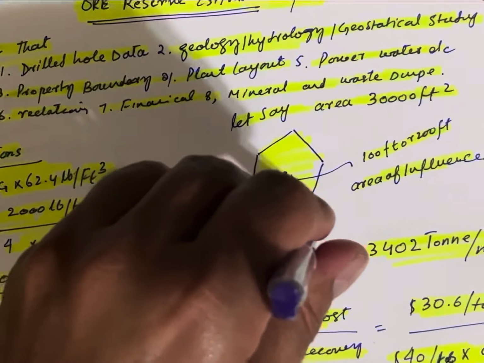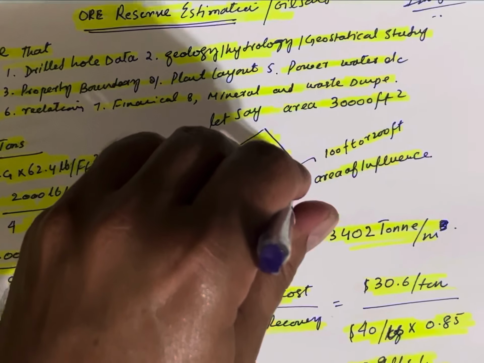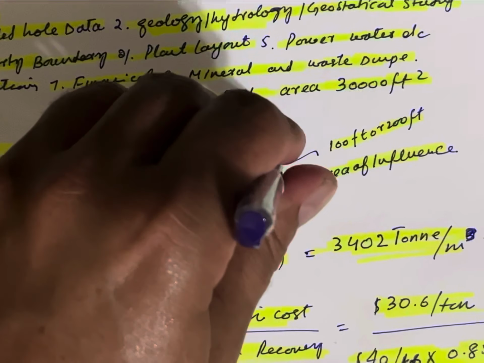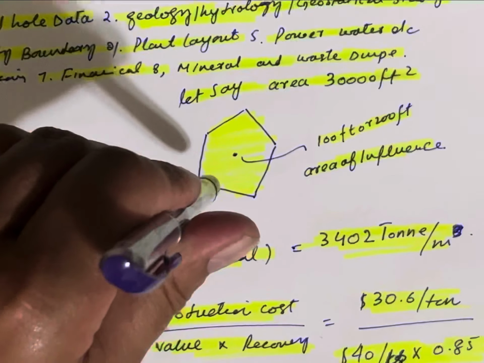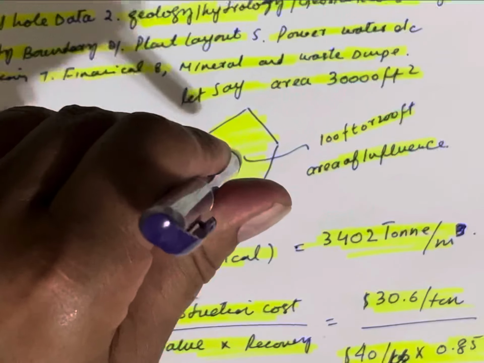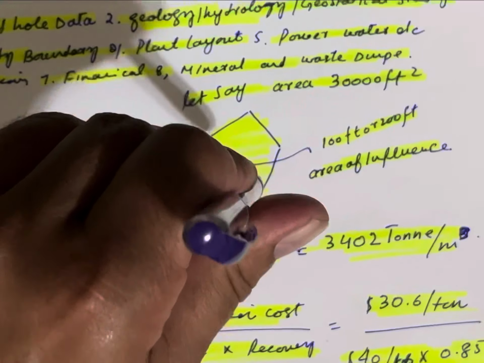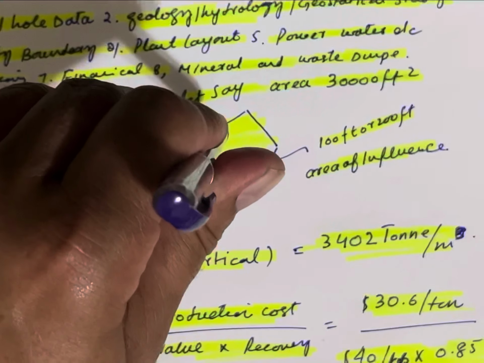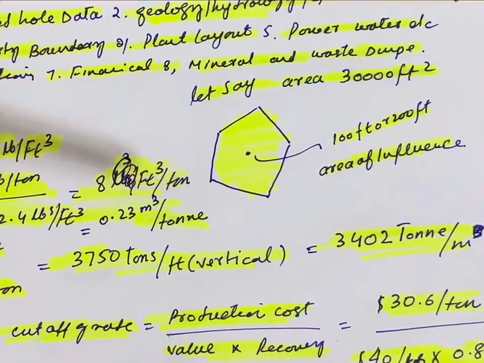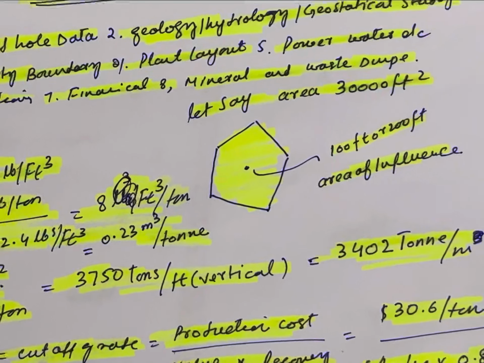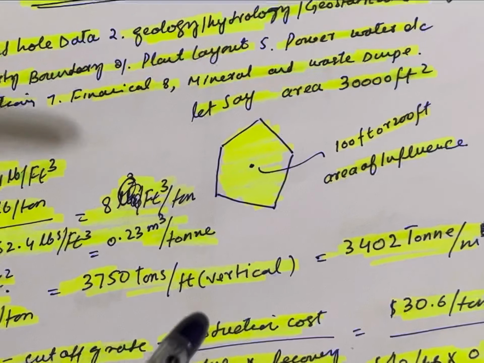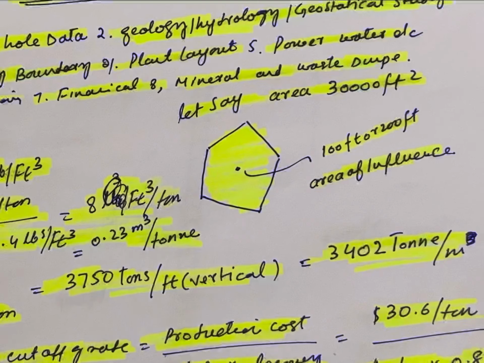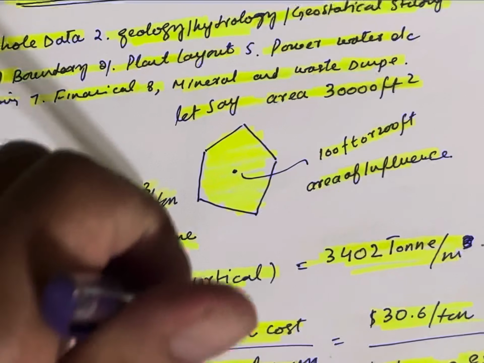We assume that it will cover 200 or 300 feet of area of influence, whatever we got in this hole. So that's called grade. And then the whole area, let's say of 40 or 50 holes, with a center spacing of 100, 150 or 200 feet.